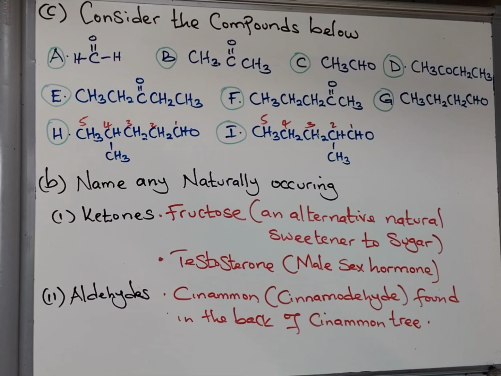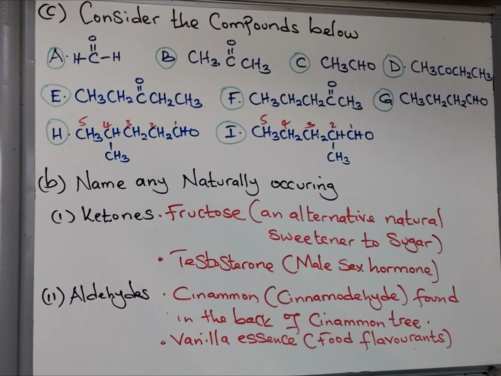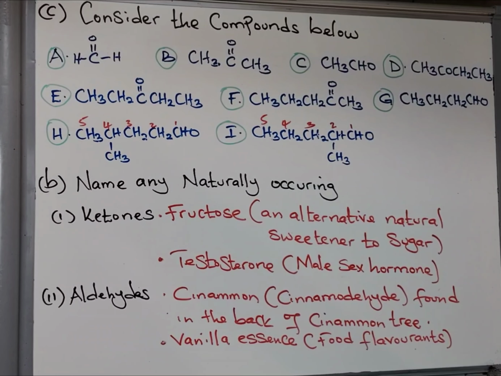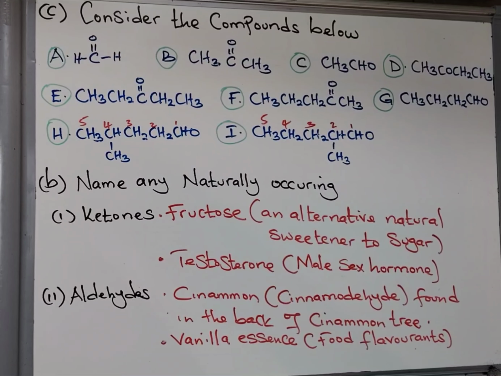Actually, the actual compound is called cinnamaldehyde, which is an aldehyde, and we find it in the bark of the cinnamon tree. The other compound is vanilla. Vanilla is also an aldehyde. So vanilla is a natural aldehyde which we normally use as a food flavorant.